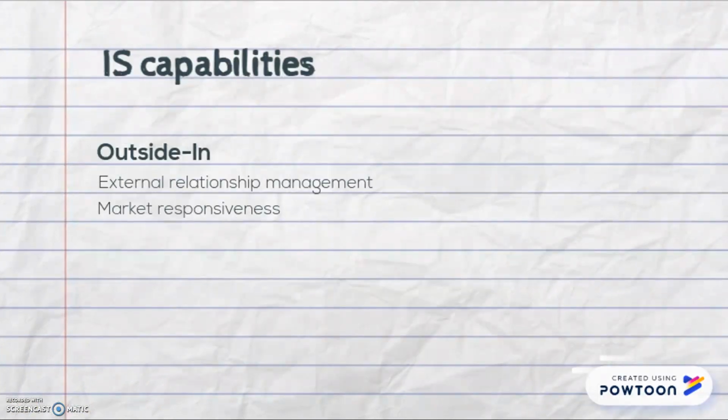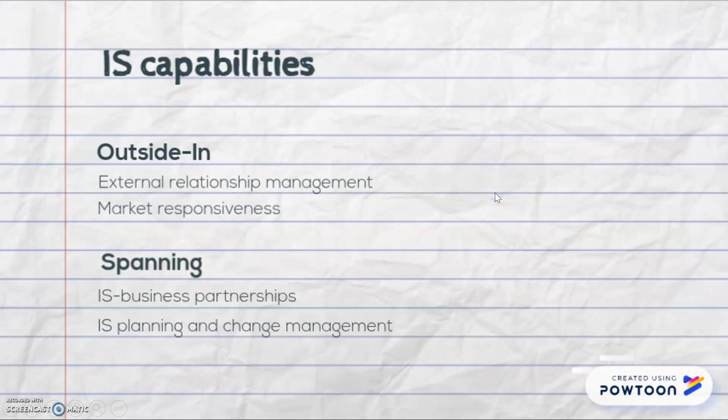According to Wade and Holland, there are 8 key resources which can affect the organization's competitive advantages. These are divided into 3 different categories, and the first one is the outside-in IS resources, including external relationship management and market responsiveness.